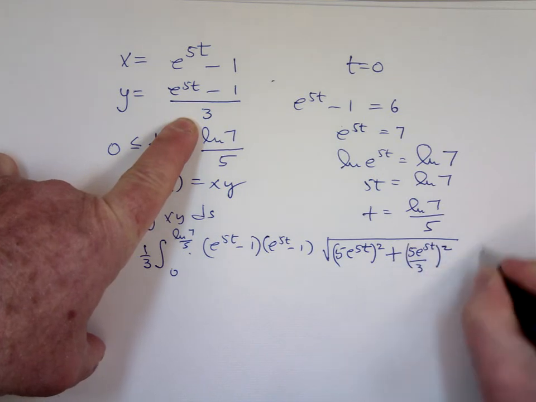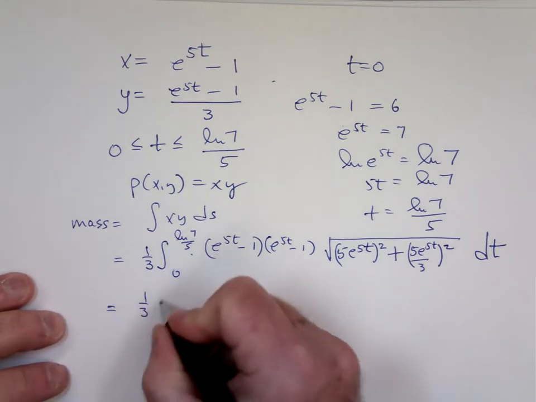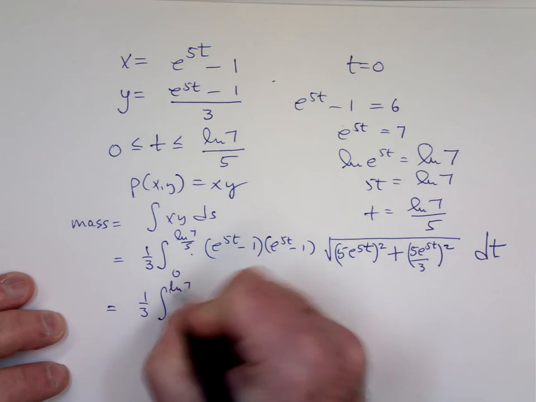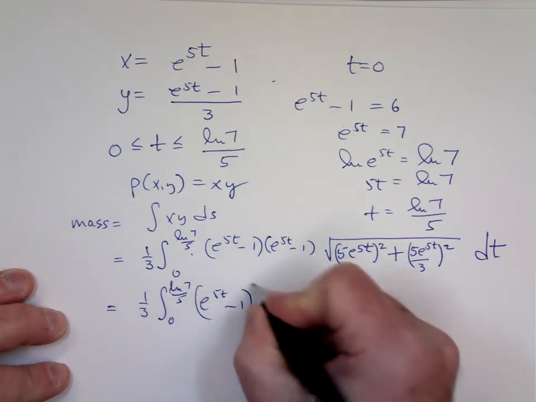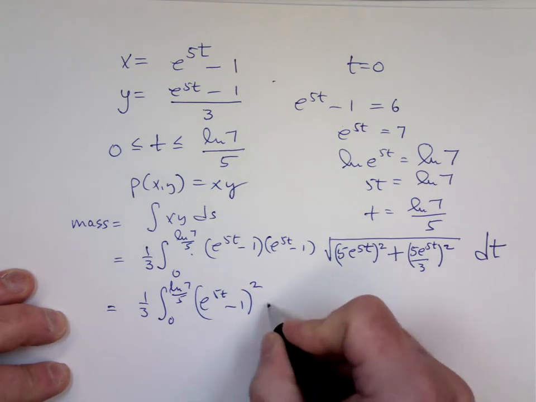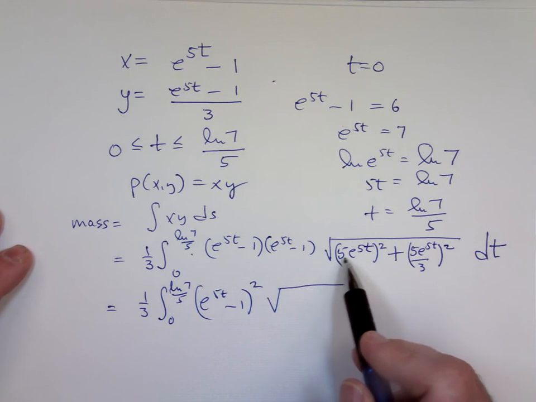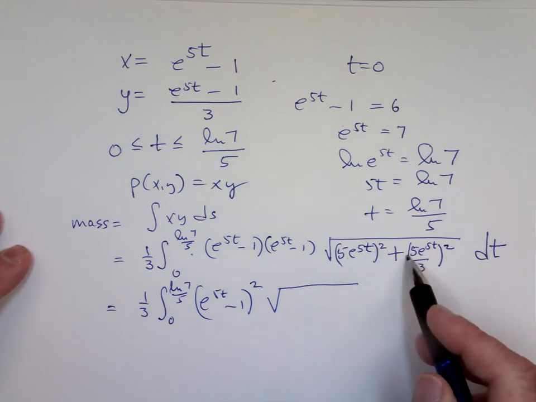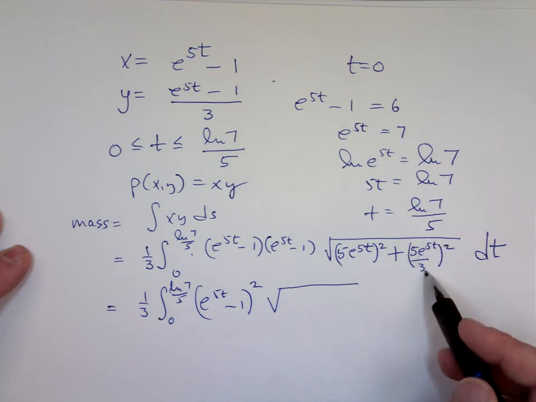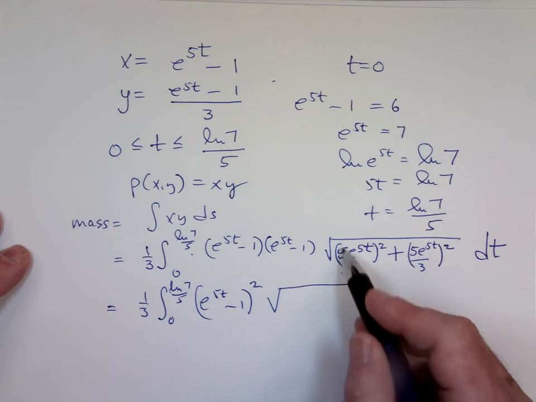Okay? So, here we go. We get 1/3, integral from 0 to natural log 7 over 5, e to the 5t minus 1 squared times. Now, I'm going to have a 25e to the 10t and then a 25e to the 10t over 9. I'm going to multiply this by 9 over 9. So that 25 times 9 is 225.